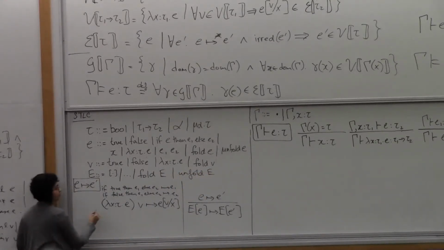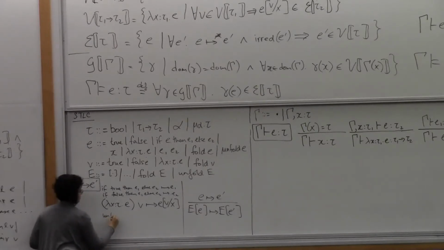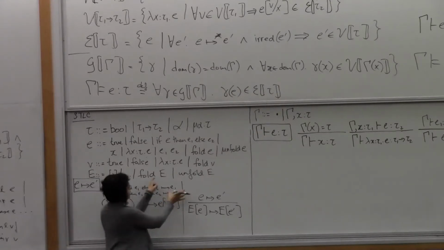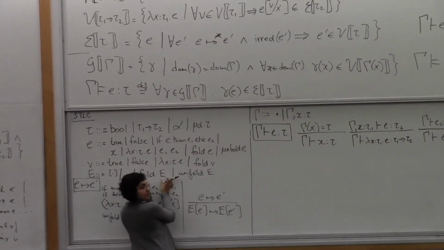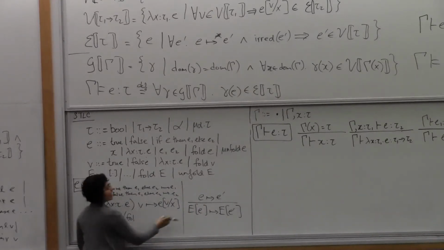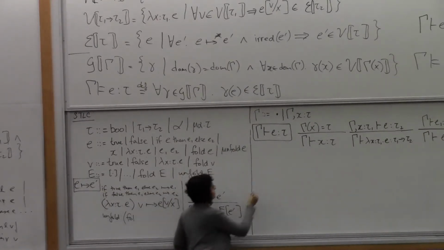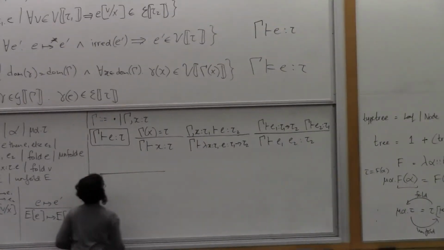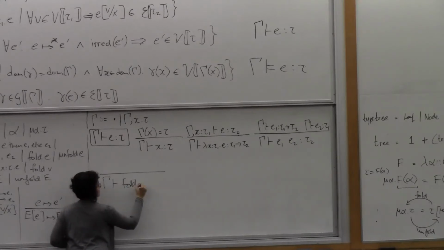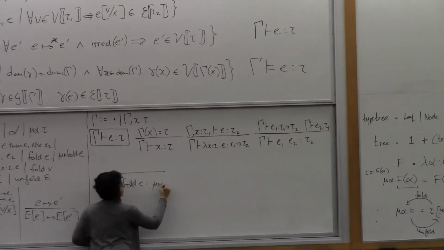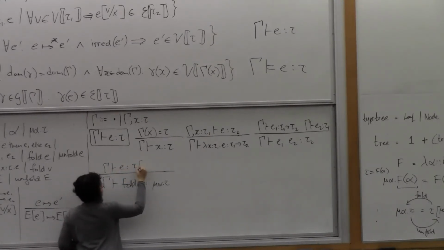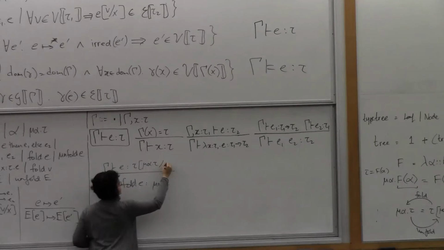Okay, and in terms of reduction rules, we add the following. When you unfold, so you get this down to a value, right? Sorry. Unfold, you get this down to a value. What value can be sitting on? Oh, I should show you the typing rule first. Let's go look at the typing rule first. All right. So under gamma, fold E has type mu alpha tau if E has type tau with mu alpha tau for alpha.